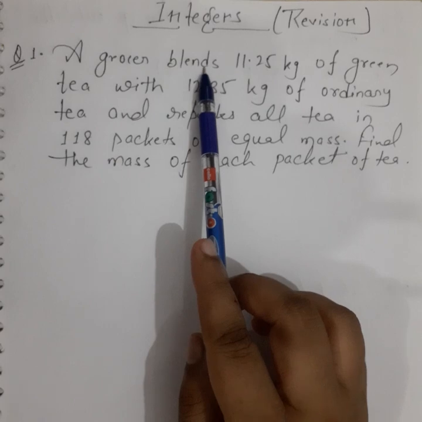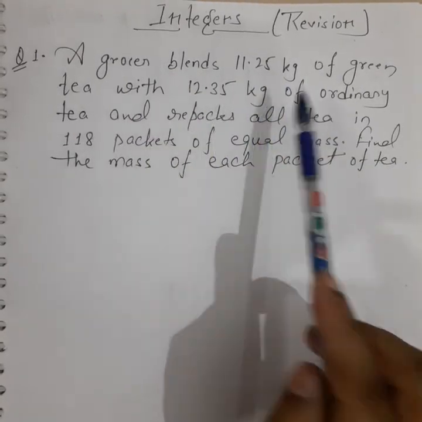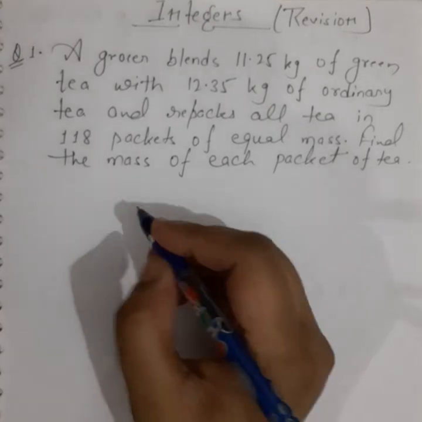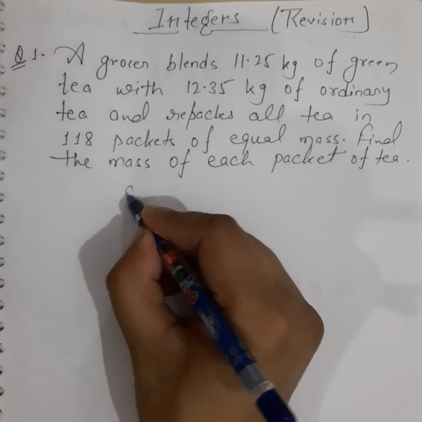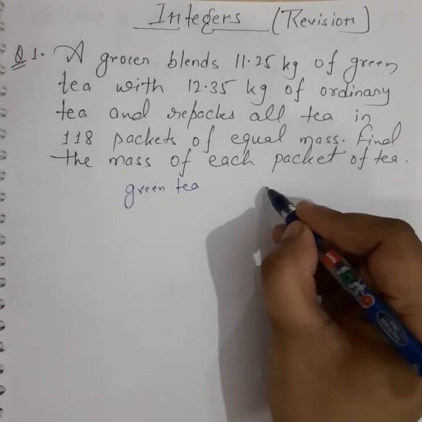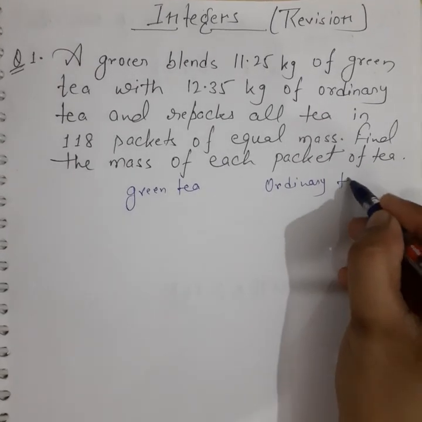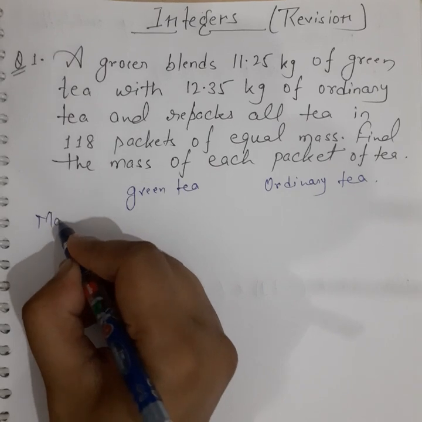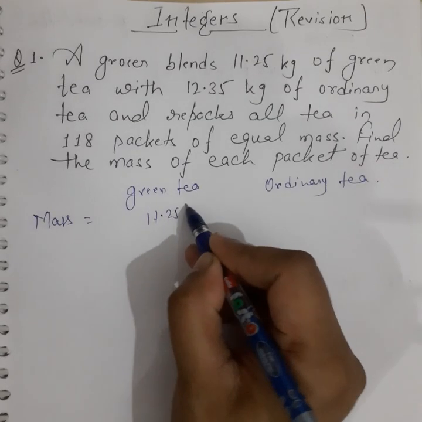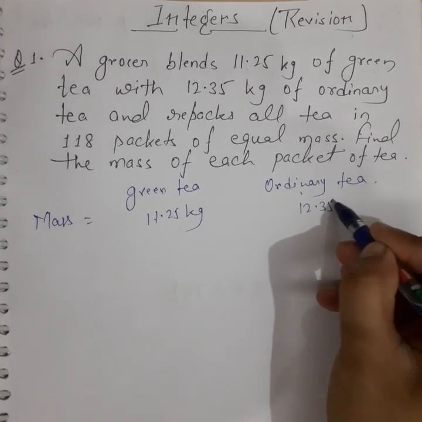A grocer blends 11.25 kg of green tea with 12.35 kg of ordinary tea. There are two types of tea. First is green tea and the second is ordinary tea. Mass of green tea is 11.25 kg and mass of ordinary tea is 12.35 kg.